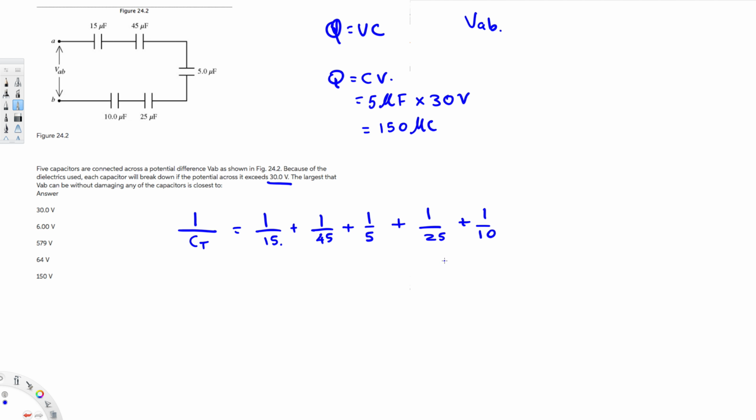Now we have to find a common denominator to add them. The common denominator should be a multiple of 45 and 25, and 450 seems like it will work.